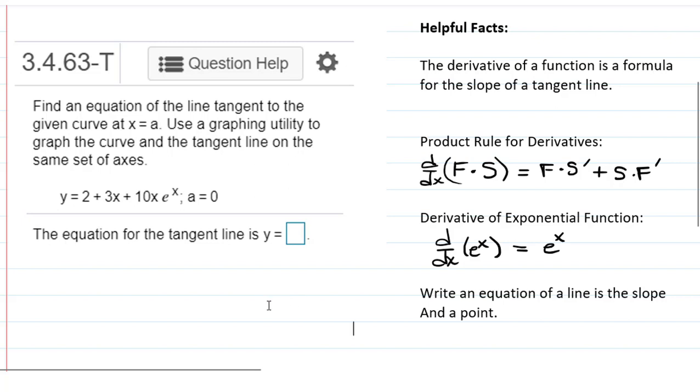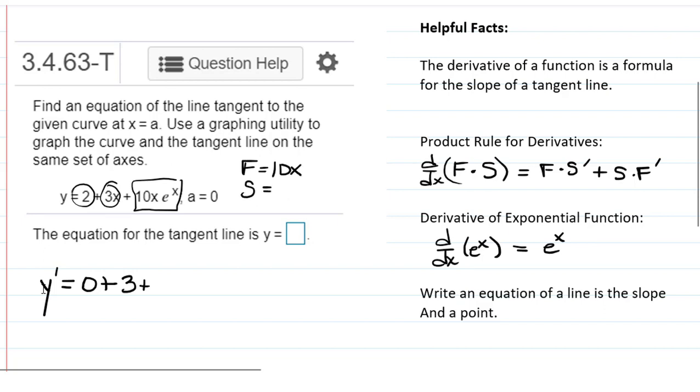We need the derivative. Y prime is going to be, well, the derivative of a constant term is just 0, plus the derivative of 3x is just 3, plus now we have this guy. To find the derivative of 10x times e to the x, we're going to think of our first part of that product as 10x and the second part as e to the x. We're going to need the derivatives of each of these pieces.